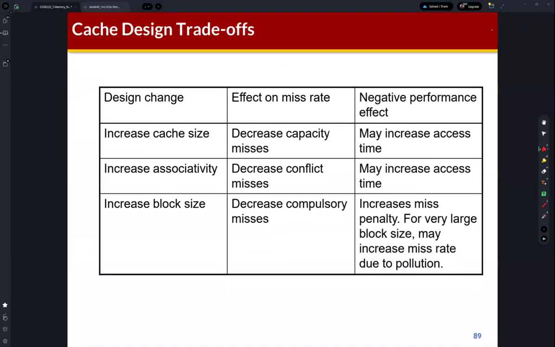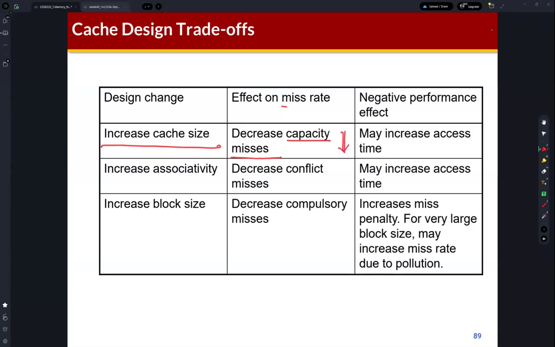Then we can also consider some cache configurations and their effect on cache misses. If we increase the cache size, capacity misses will be reduced, right?